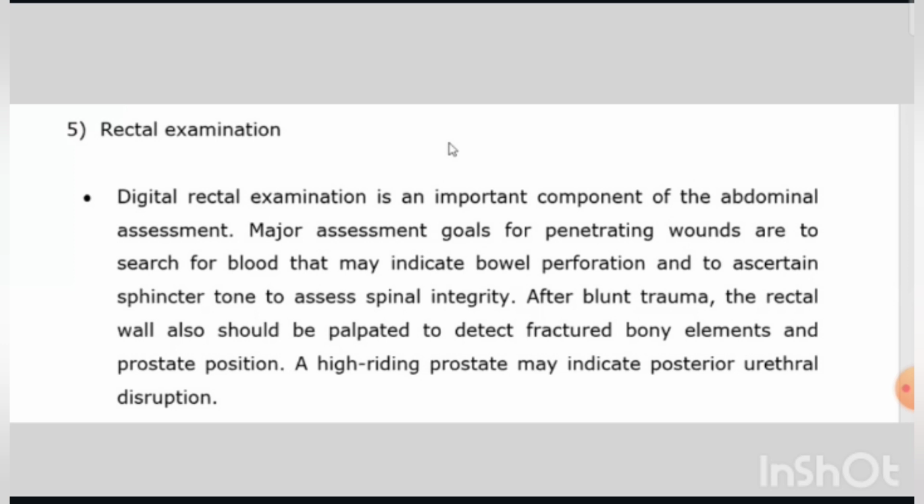After blunt trauma, the rectum should also be palpated to detect fracture, bony elements and prostate position. The digital rectal examination is done for any condition, either medical or traumatic. Medical conditions such as a high-riding prostate, meaning enlargement of the prostate, or traumatic conditions such as urethral disruption.